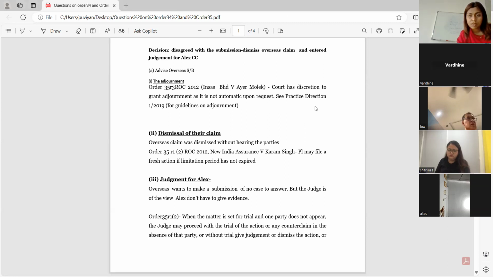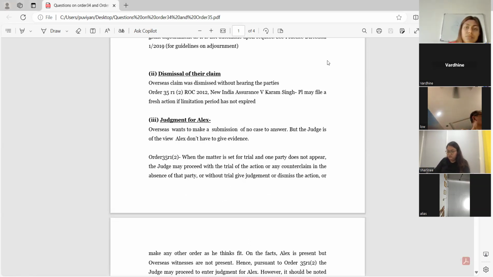So if you look at it, when the matter is set for trial, Overseas wants to make a submission of no case to answer, but the judge is of the view that Alex does not have to give evidence. When the matter is set for trial and one party does not appear, the judge may proceed with the trial of the action or any counterclaim in the absence of the party, or without trial give judgment or dismiss the action or make any other order as it thinks fit.